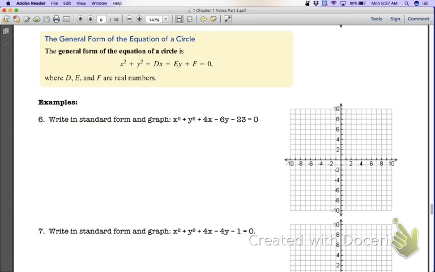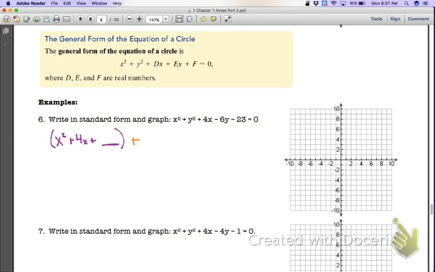Then what I want to do is put my x values together, and I'm going to put it in parentheses. I'm going to have x squared plus 4x plus, and I'm going to leave a little blank, and then I'm going to have a squared. I'm going to change colors here so we know the difference.